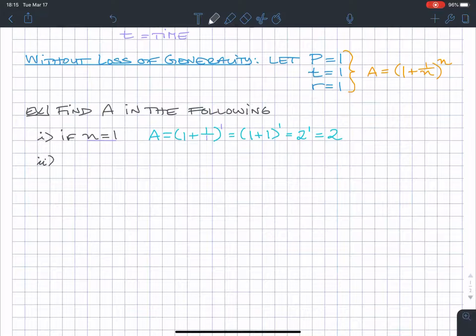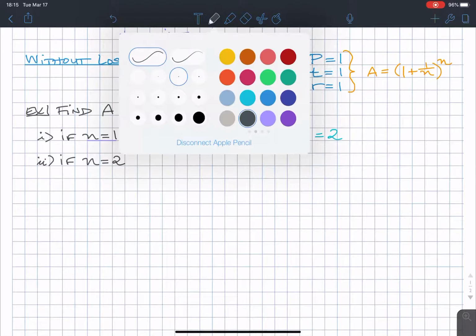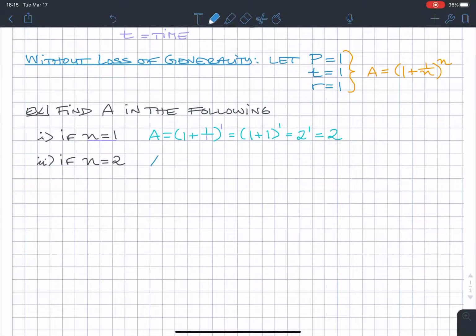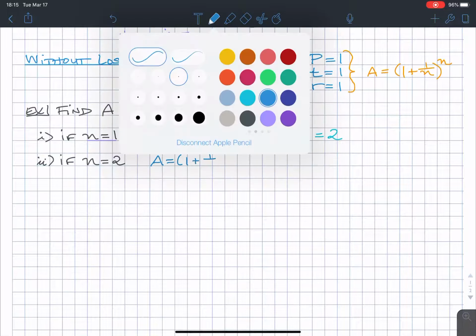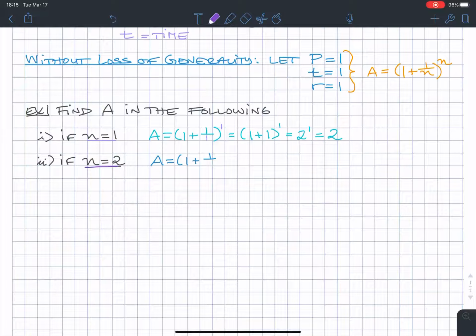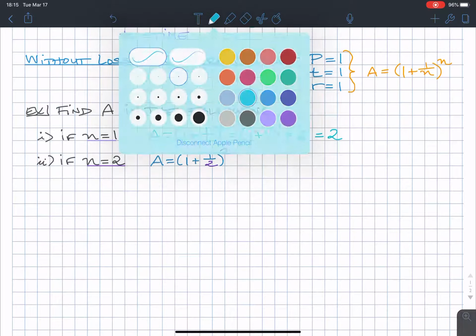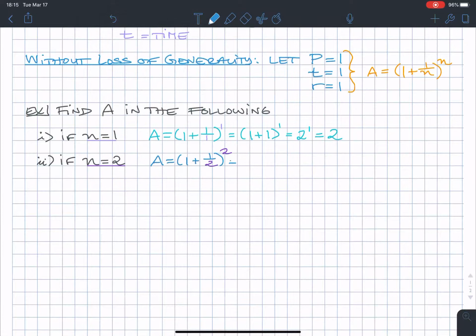So now let's say n is equal to 2. What is the amount in that case? It's 1 plus 1 over 2, because now n is 2, raised to the n, which is now 2. So this becomes 1 plus 1/2.